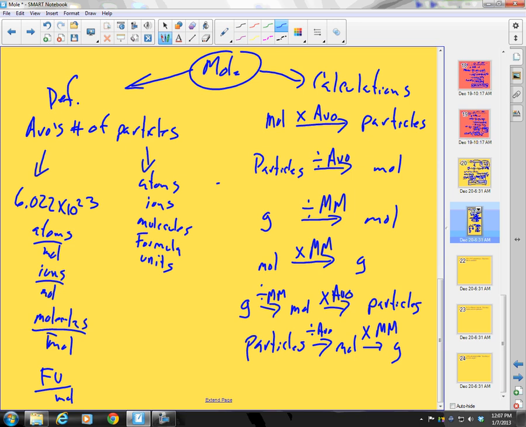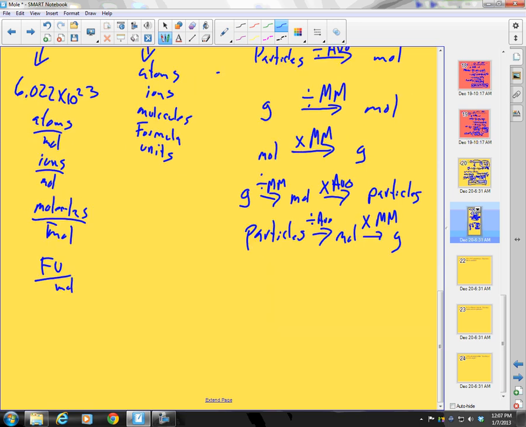And we talked about, and I've referred to this several times, molar mass. What is molar mass? Molar mass is equal to the mass of 1 mole of stuff. How do I get the molar mass?